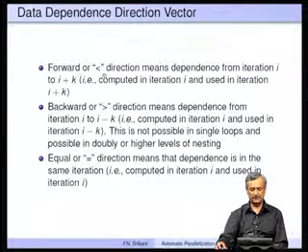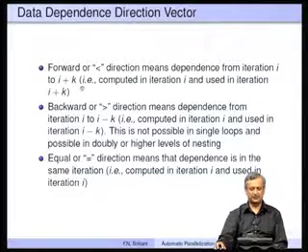If we have the symbol less than, it is called a forward direction vector component. It means that the dependence is from iteration I to the iteration I plus k. In other words, we compute a quantity in iteration I, say x equal to something, and then use it in the iteration I plus k, k greater than 0.